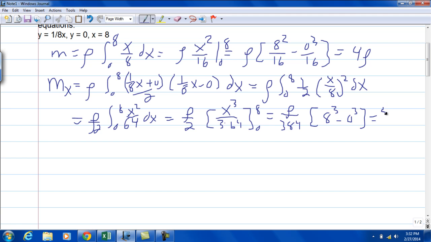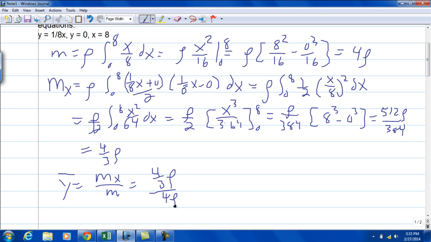Okay, so it's going to be 512 rho over 384, and we can reduce that to 4/3. So for the y bar, that's going to be Mx over m, which is going to be 4/3 rho over 4 rho, and things cancel out nicely. The rhos go away, and we're left with 1/3.